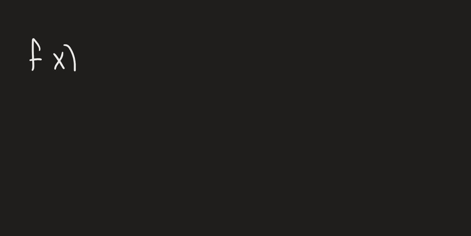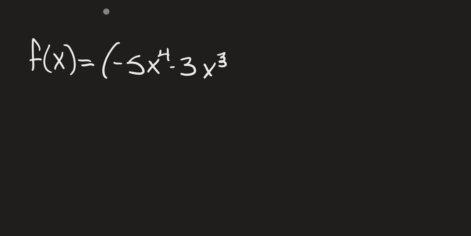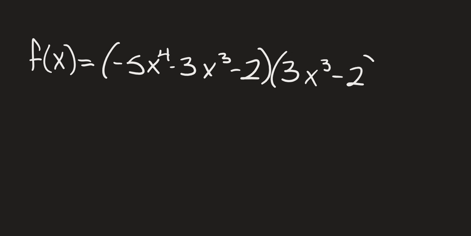Next we have f of x equals negative 5x to the fourth minus 3x to the third minus 2 times 3x to the third minus 2. When we take the derivative, we're going to take the derivative of the first parenthesis first.